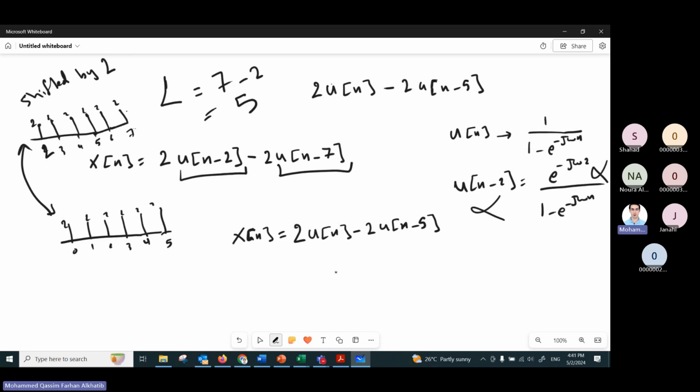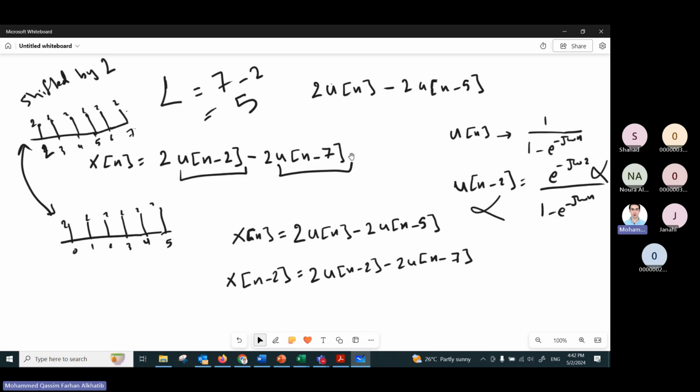That's my question. Now I want to find x of n minus 2. That's going to be equal to u of n minus 2 minus 2 u of n minus 7. You see how to approach this problem?